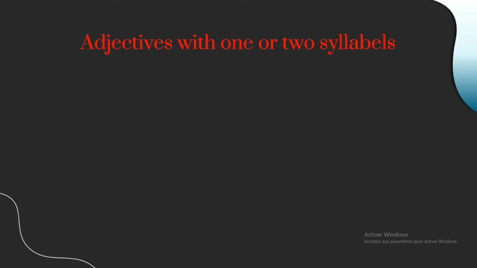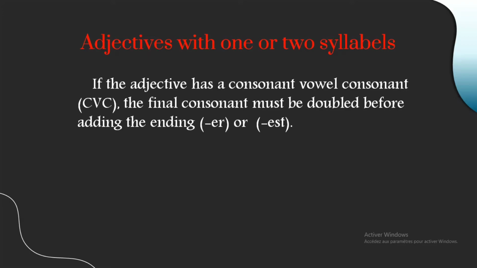When we are using comparative and superlative adjectives, we need to pay attention to vowels and consonants. So, when we have consonant, vowel, consonant, that means CVC, you need to double up the last letter. But if you have something different, you don't need to add anything.